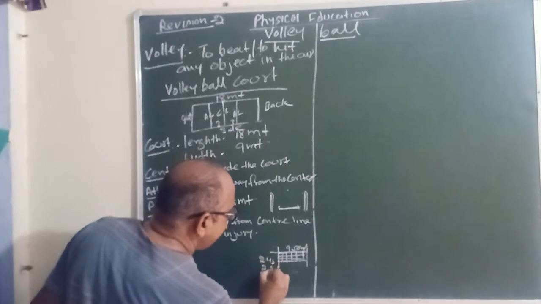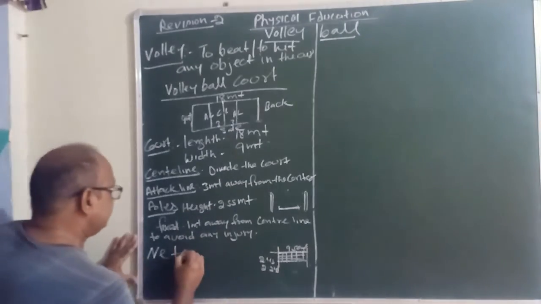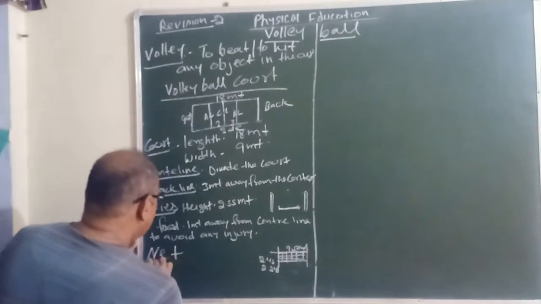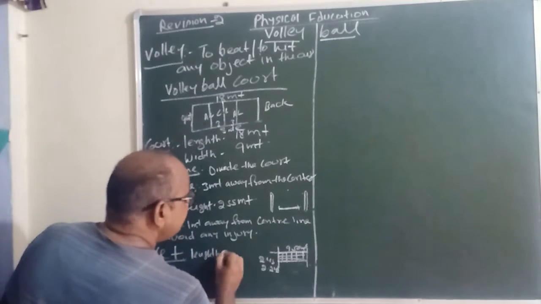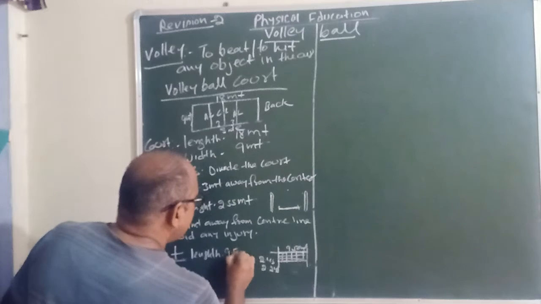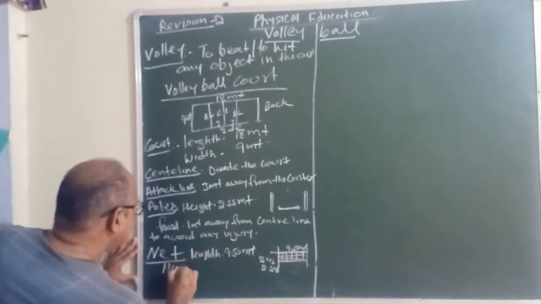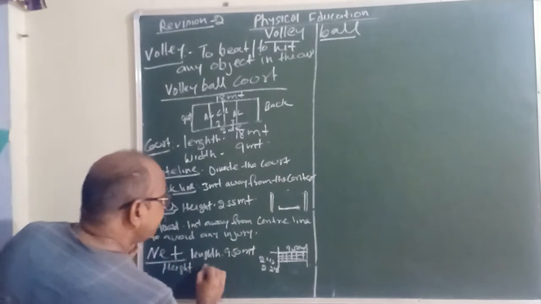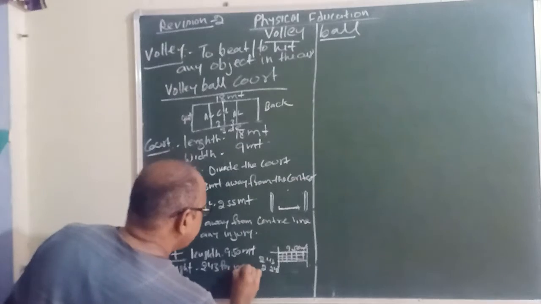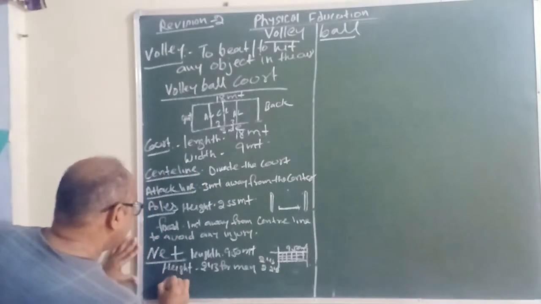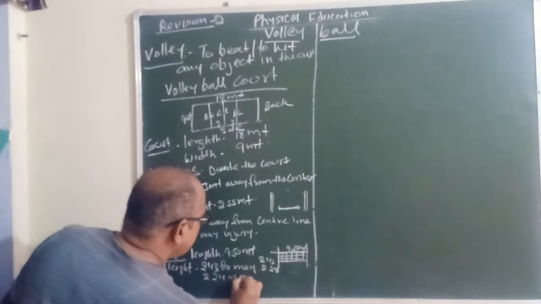First of all, you have to tell about length. It will be 9.5 meter, and height will be 2.43 for men and 2.24 for women.